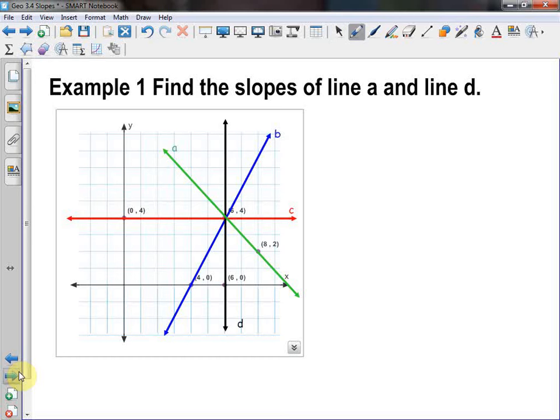How many different ways do we have to do slope with line D? So we could do rise over run, right? Or we could do y2 minus y1 over x2 minus x1. All right? Or does anybody see any other ways? Any other ways to solve it?